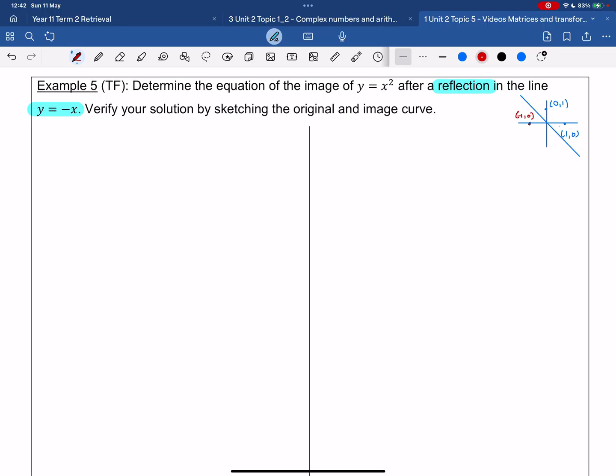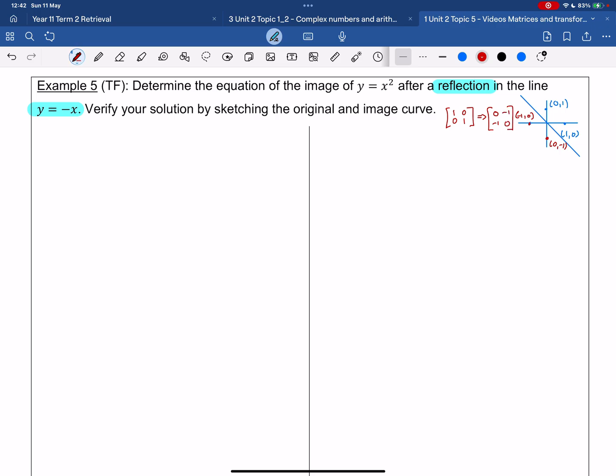And my point (1, 0) is over here and that becomes (0, -1). So that means that (1, 0), (0, 1) becomes (0, -1) and (-1, 0).